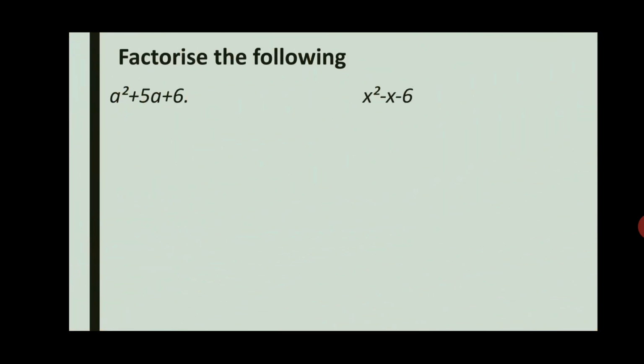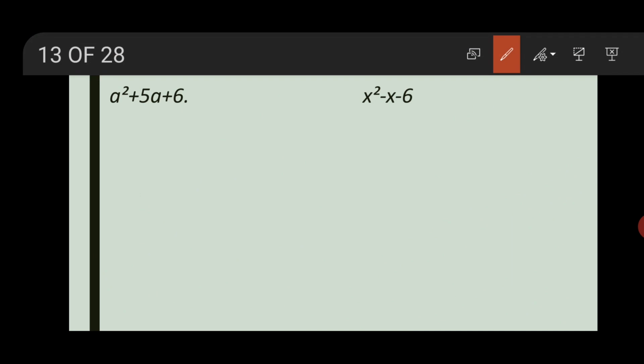Next, factorize the trinomial. A square plus 5a plus 6. We can factorize the trinomial using the method. On multiplication of first and third term, we will get 6a square.